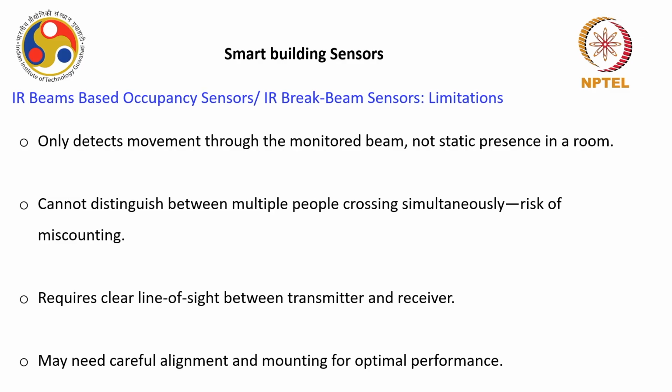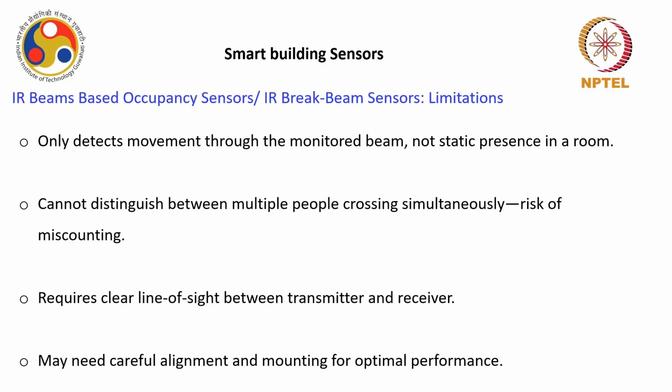The limitations of these devices are that they can only detect movements through the monitored beam, not static presence in a room. Once the person moves out of the line of sight of this IR light, it is very difficult to monitor. It cannot distinguish between multiple people crossing simultaneously, so there is a risk of miscounting.